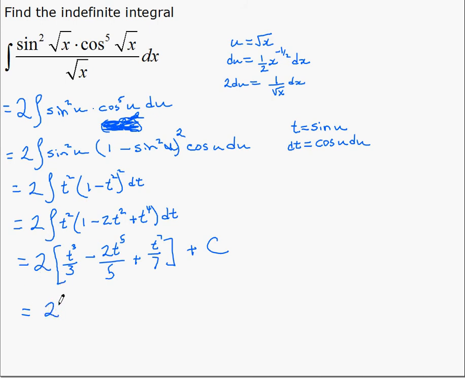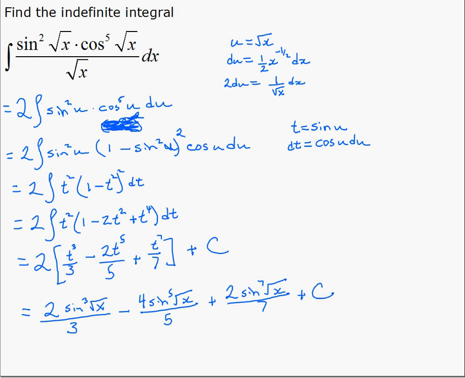Substituting them, we end up with 2 sine cubed of root x over 3, minus 4 (2 times 2) sine to the 5 of root x over 5, plus 2 sine to the 7 of root x over 7, plus a constant. And that'll be our final answer.